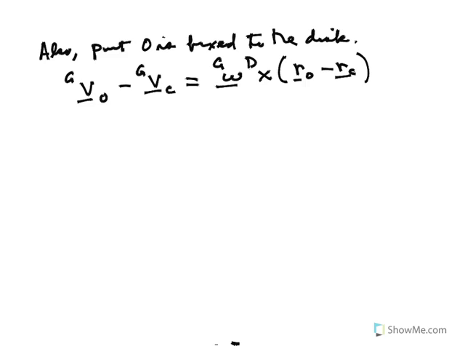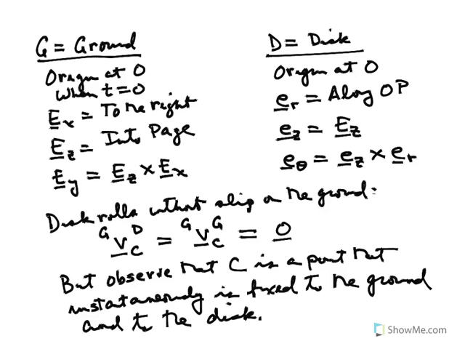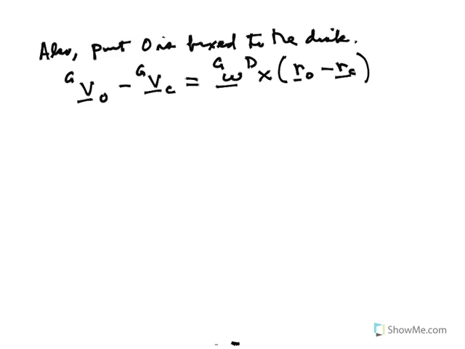But we already know that the velocity of point C is 0 because we got that from the no-slip condition from before. So the velocity of point C on the ground is the velocity of point C on the disk in the ground, because I'm using point C and point O as points that are on the disk.